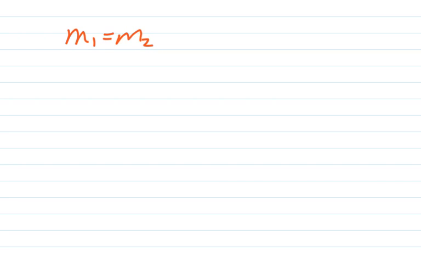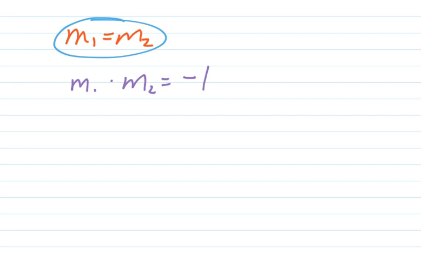As long as you know the slope of one line, its parallel line will have an equal slope, like this. But let's go to the perpendicular line. I have m1 multiplied by m2 equals -1. Then I can get m2 equals -1 over m1.